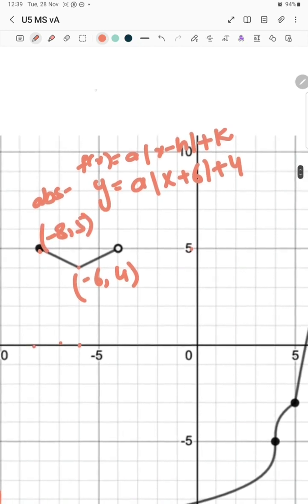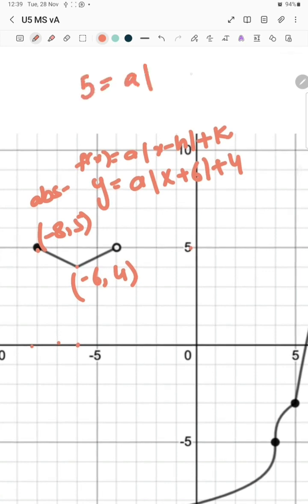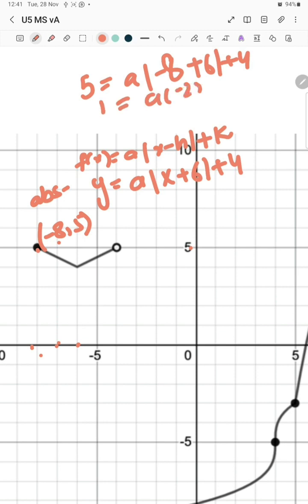So y is 5 is equal to a, x is -6, I can't take -6, no, this point is -8, 5, yes, -8 plus 6 plus 4. 5 minus 4 would be 1 is equal to a times 2. And it would be mod, so it would be positive, so a would be 1 by 2.